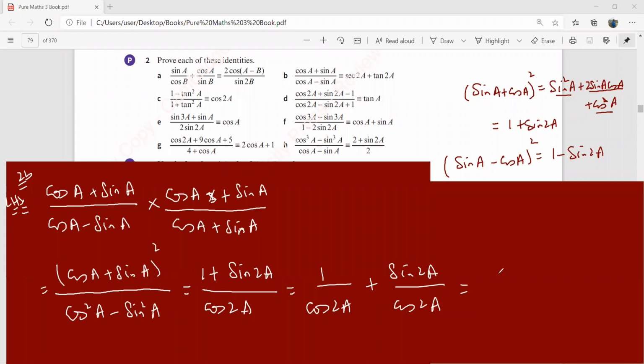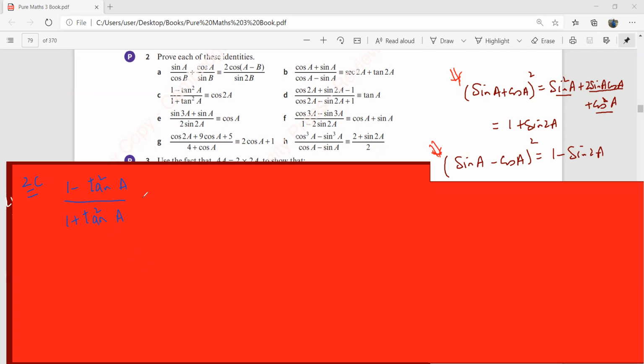This will give you sec 2A, and this would be tan 2A. That is your right-hand side. Yes or no? Yes.